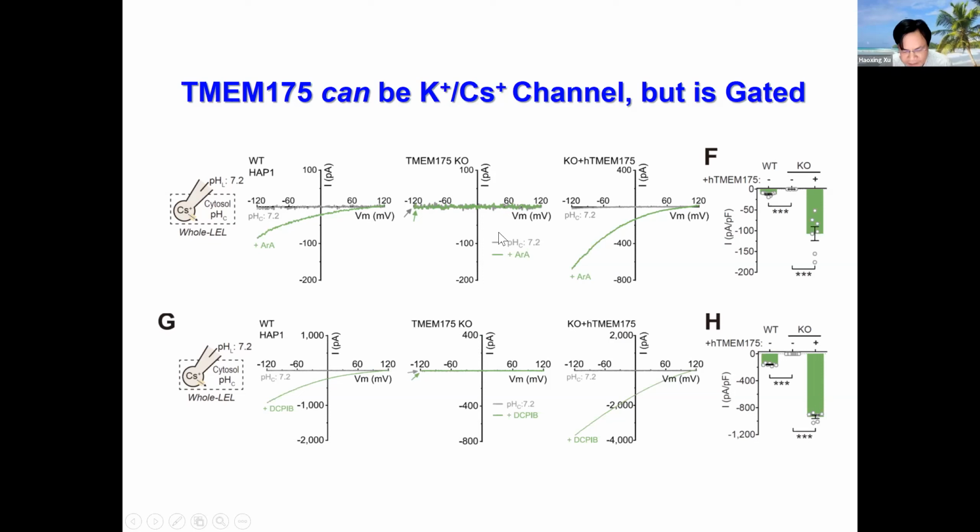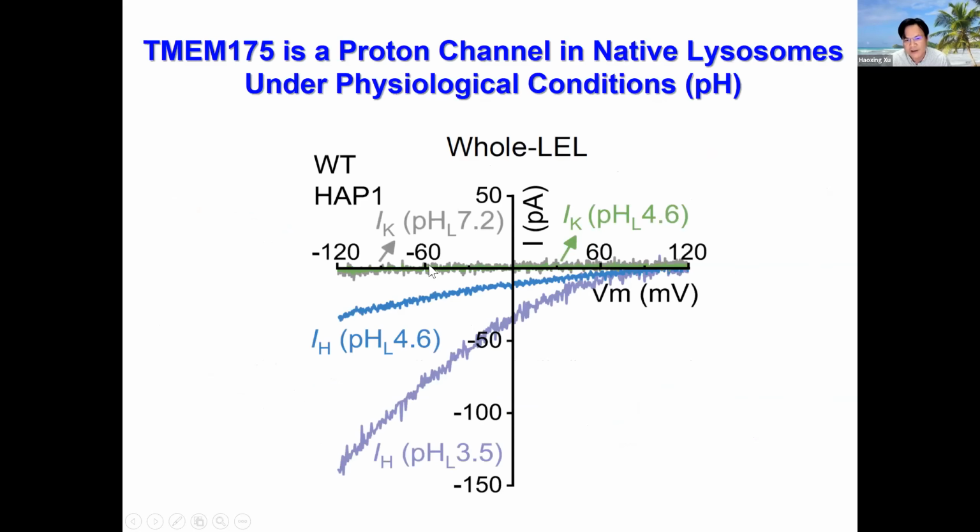So this is also very clear. We don't see much basal potassium currents, but with low pH, we can see large proton current.